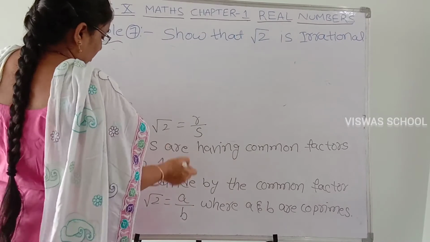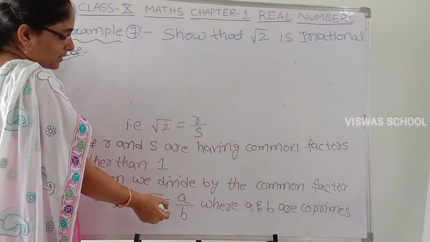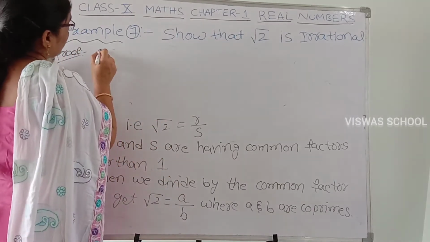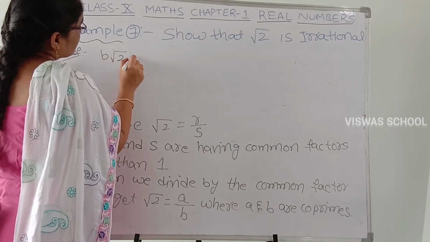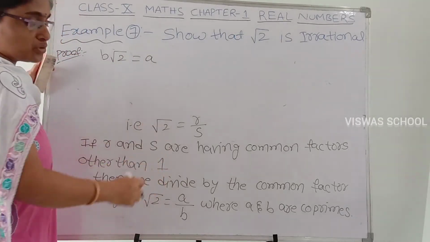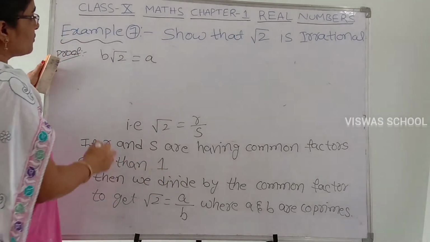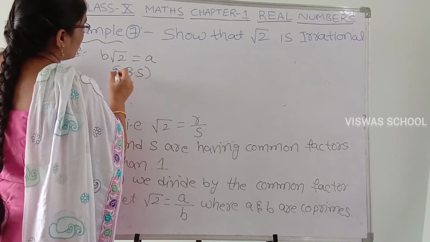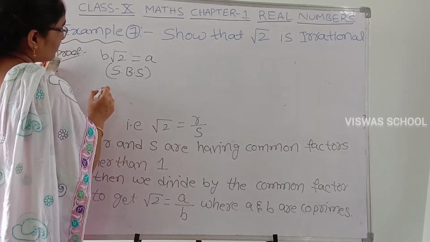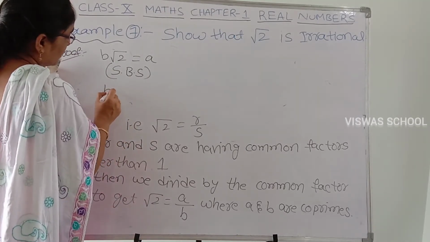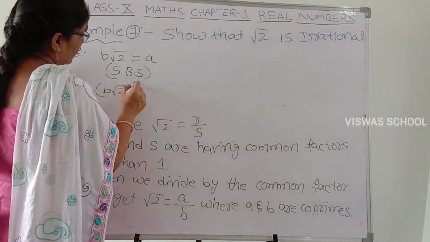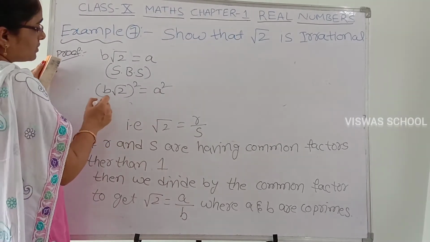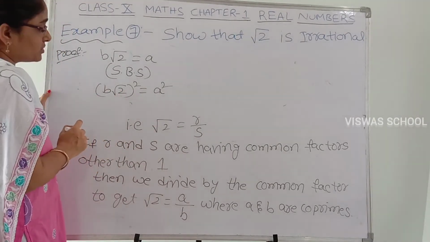Once you see here, root 2 equals A by B. From this, B into root 2 equals A, by cross multiplication. If you square on both sides, B into root 2 whole square equals A square.